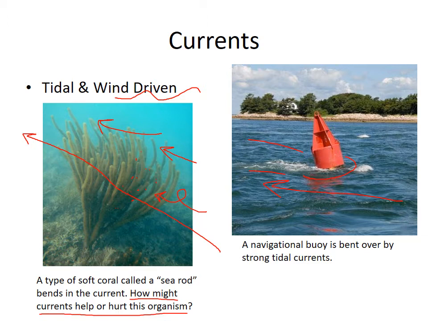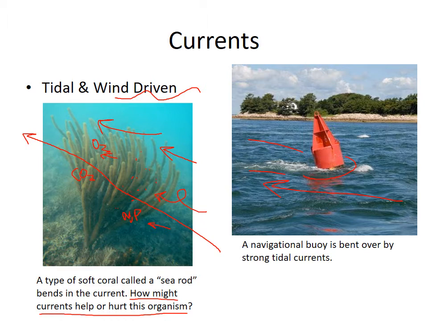Also, the currents can help with the exchange of gases, like delivering oxygen and whisking away carbon dioxide from the respiration of the coral polyps. And there might also be nutrients like nitrogen and phosphorus that are delivered to the coral.